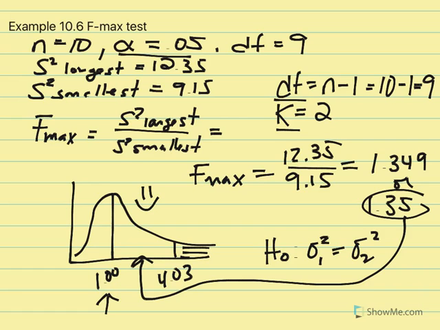Even though 12.35 and 9.15 are not identical, we have just put the ratio of those two values to the test to affirm that it's close enough to 1 that we feel confident that the assumption of homogeneity of variance of the populations has been satisfied, and that this is true, that they're equal to one another. And they're equal because we just confirmed that the sample variances are similar enough and produce a ratio close to 1.00.